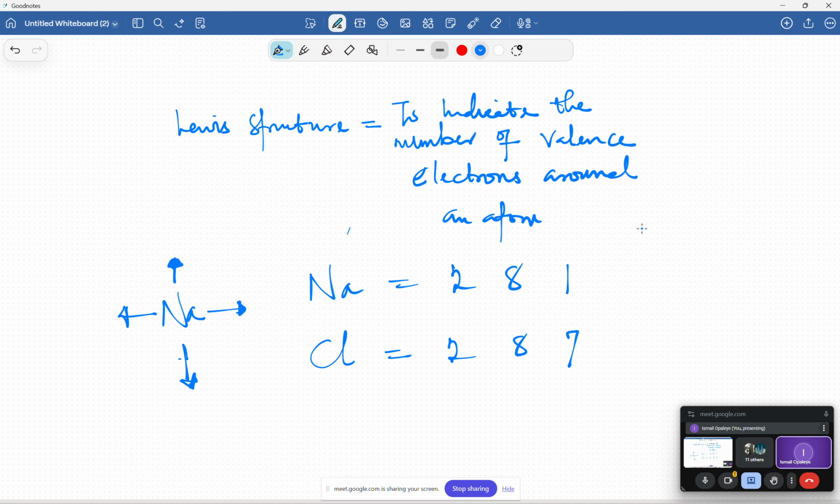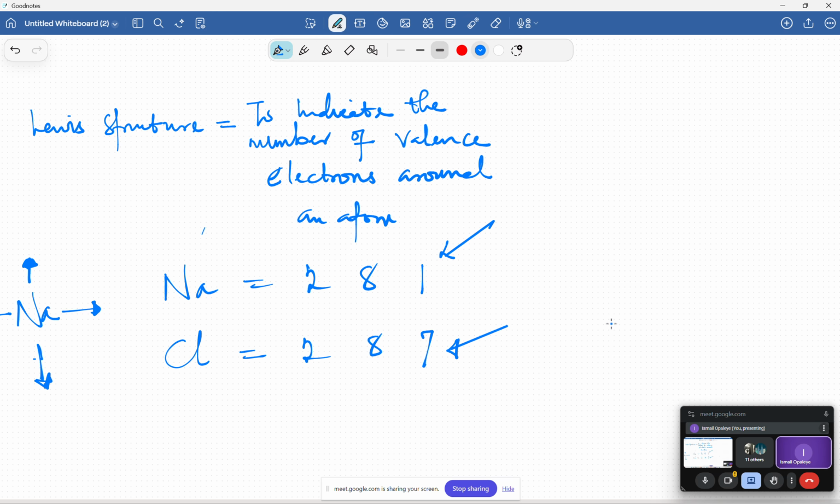Which tells you that sodium has a valence electron of 1 and chlorine has a valence electron of 7. One valence electron you have there, and 7 valence electrons you have there.